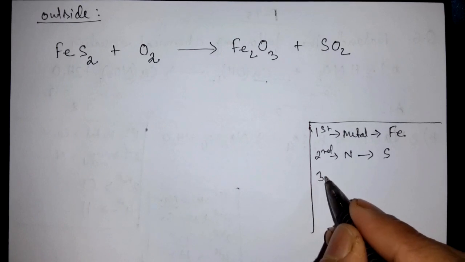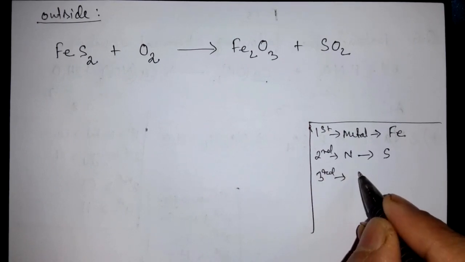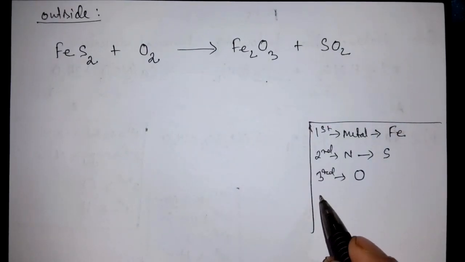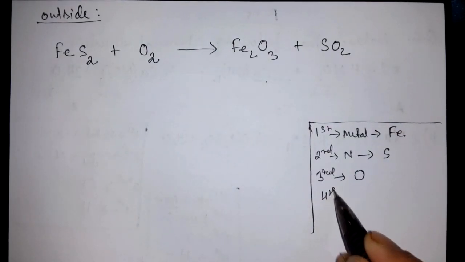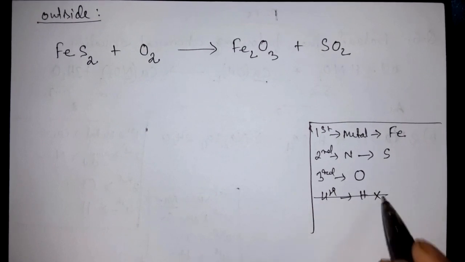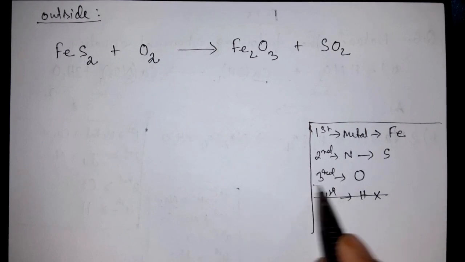Then third will be oxygen if it is present. Then fourth is not needed because fourth is hydrogen, but we don't have hydrogen. So we will be doing up to the third stage only. Okay.